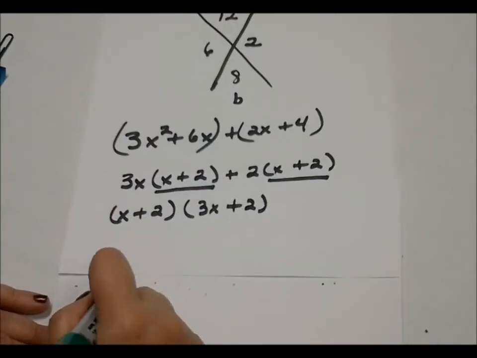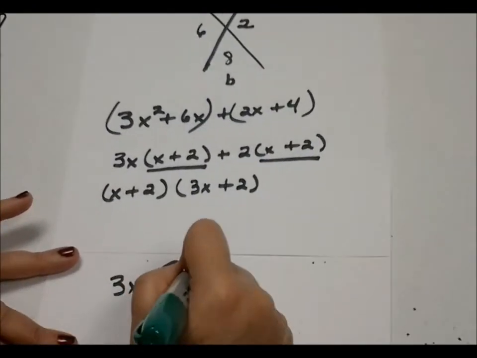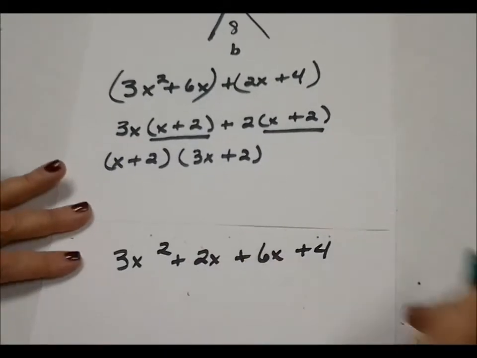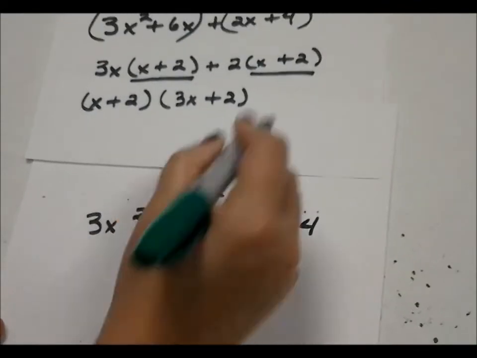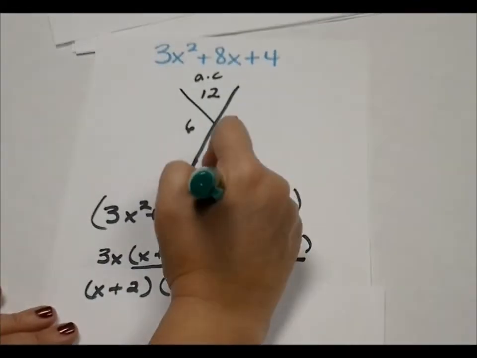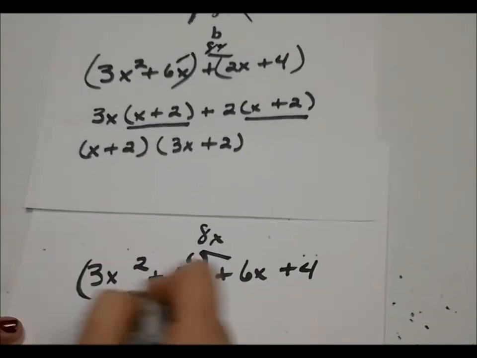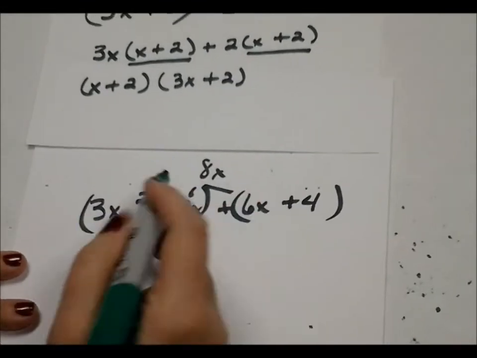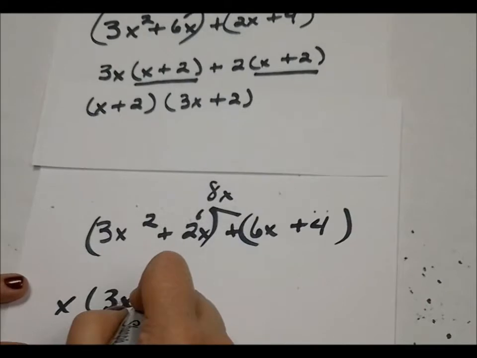So let's do it. Let's go back to here, and I'm going to write it as 3x squared plus 2x plus 6x plus 4. So you can see how I split that 8x here, that order does not really matter. So I'm going to group these two, and I'm going to group these two. What these two have in common is x, and I'm left with 3x plus 2.